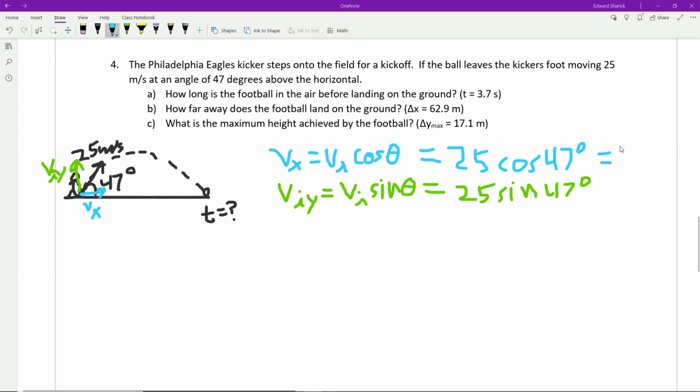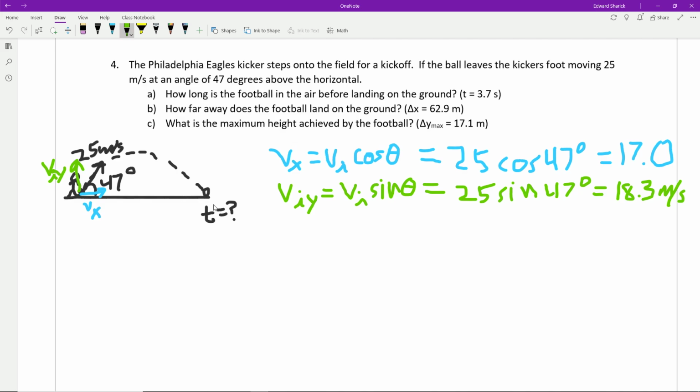But plug that in, and you should get 17.05. And for the other one, 25 times sine of 47 gives 18.3. It's 18.28, so we'll round it to 18.3. Okay, so these are both in meters per second, and voila. All right, so it's looking good so far.